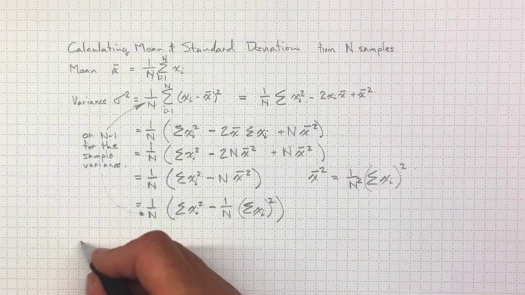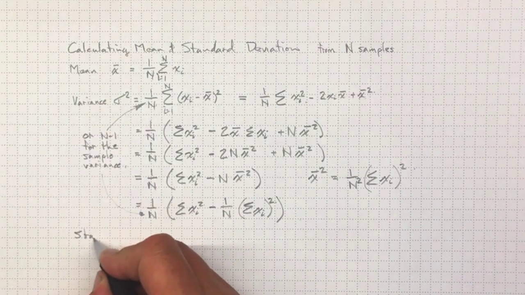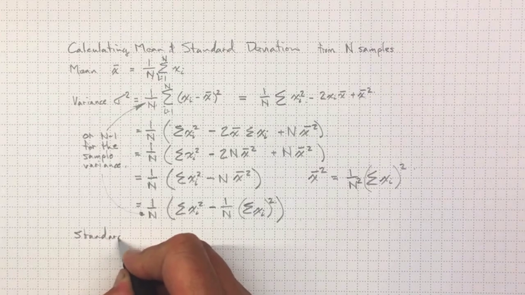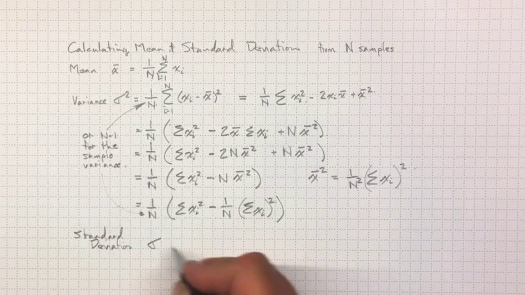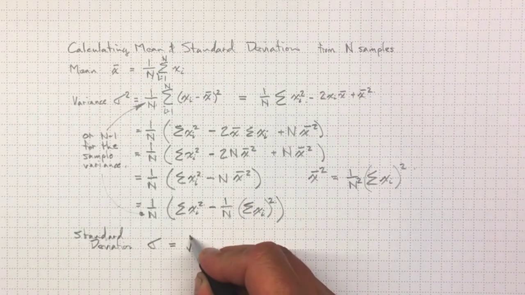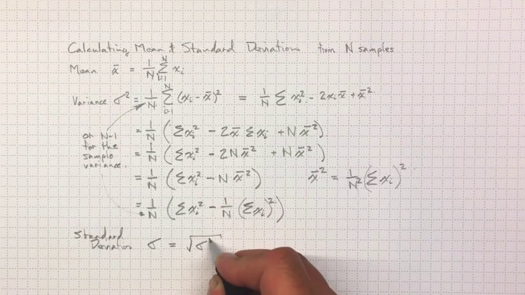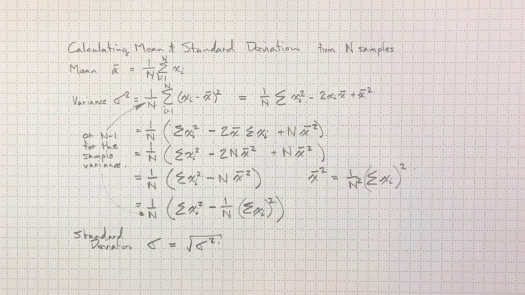And finally, the standard deviation is just the square root of the variance. And its symbol is sigma, and it's the square root of sigma squared, as you would expect.